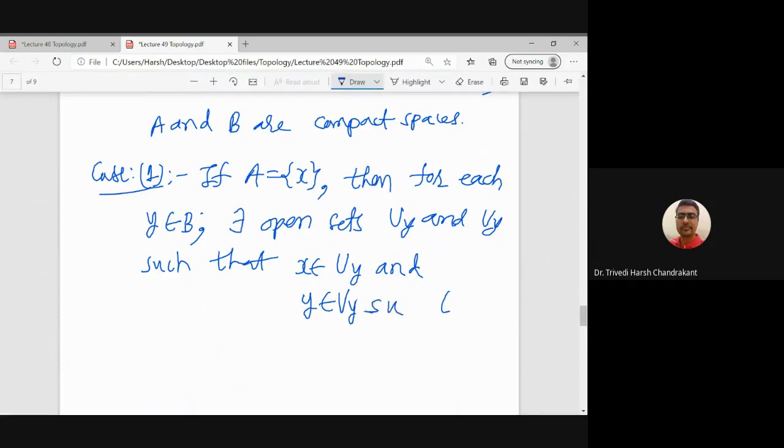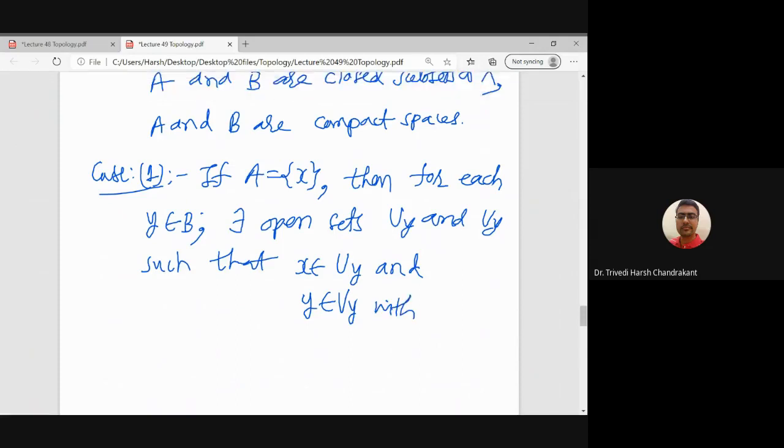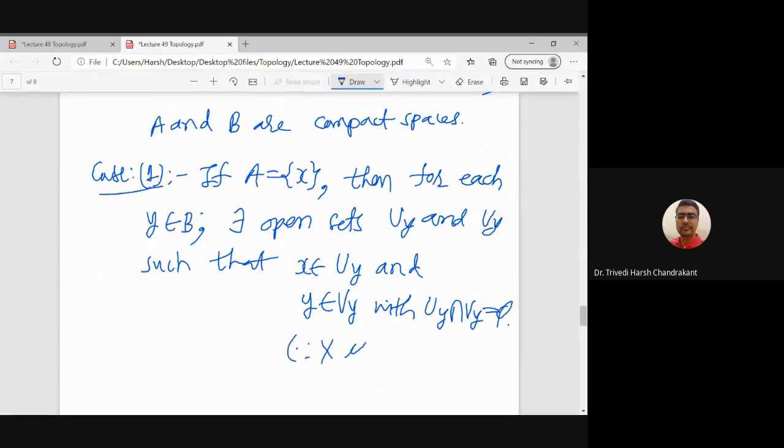Not only this holds, we also have Uy intersection Vy is the null set. So this follows because X is Hausdorff.